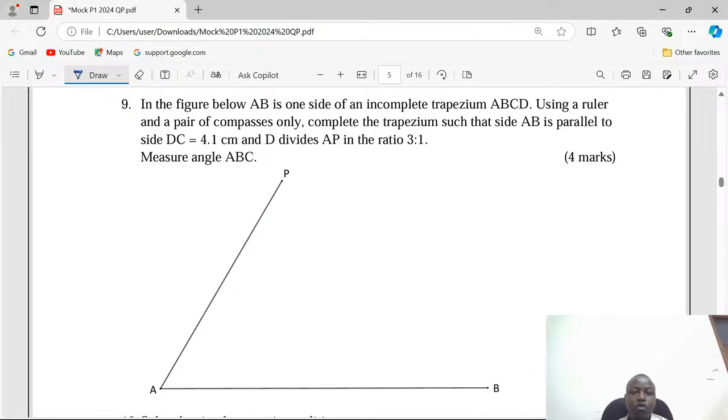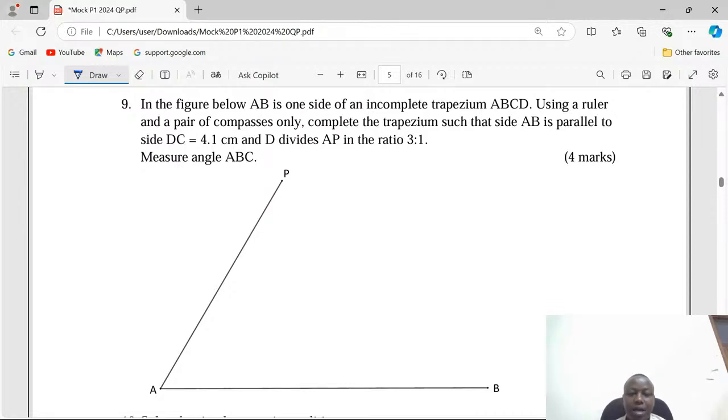Using a ruler and a pair of compasses only, complete the trapezium such that side AB is parallel to side DC, which is equivalent to 4.1 centimeters. Then we are told that D divides AP in the ratio 3:1.